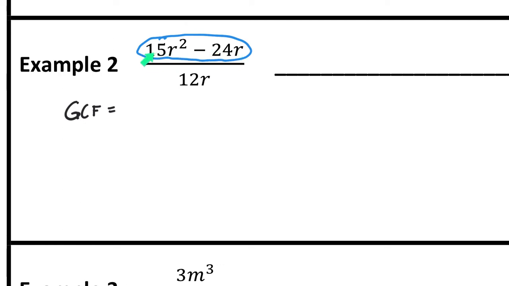So that part, you can divide the 15 and the 24. They're both divisible by 3. What else can we say? Do they both have r's at least? Yeah, they both have at least one r. So 3r.